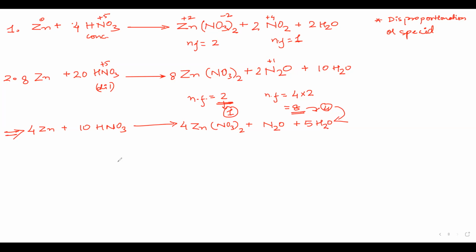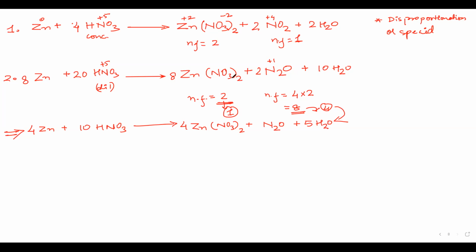Can you explain how we got that 20 HNO3? How many nitrogens here in NO3? How many NO3s are there? 2.